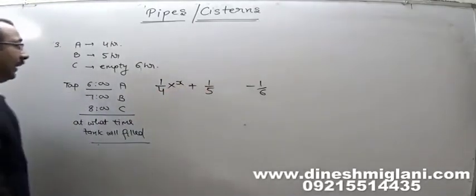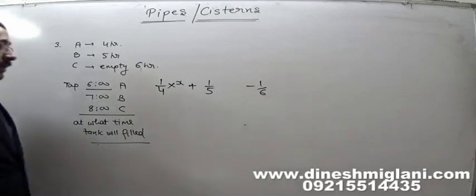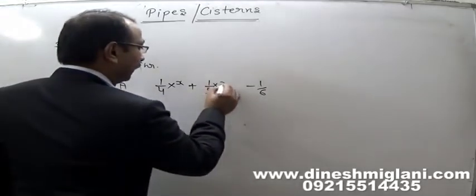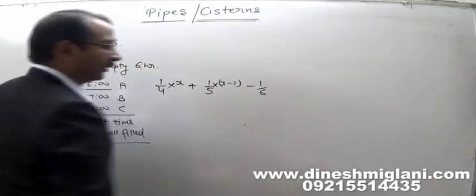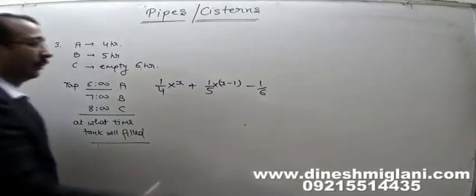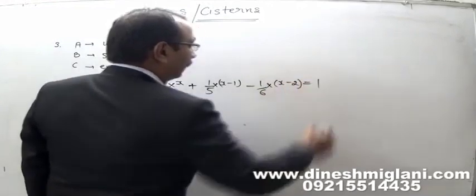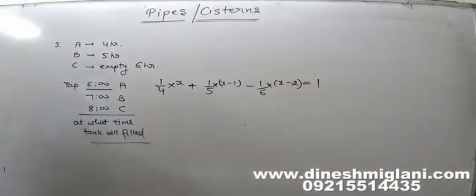Now B is opened at 7 o'clock. It means it was opened 1 hour later. If A has worked for X hours, it means B has worked for X minus 1 hours. You must take it as X minus 1, right? And C was opened at 8 o'clock. It means it has worked for X minus 2, right? And total tank was filled. So you may say that total capacity is 1.